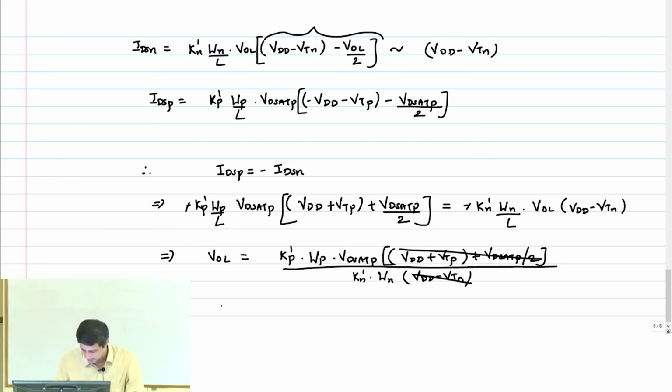Then VOL is simply Kp prime WP by Kn prime Wn into Vd sat P. This is the first order thing, but of course you don't have to make this approximation. I'm just trying to bring out this point here.